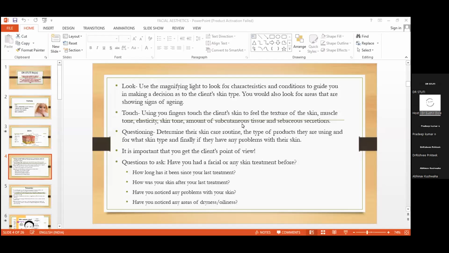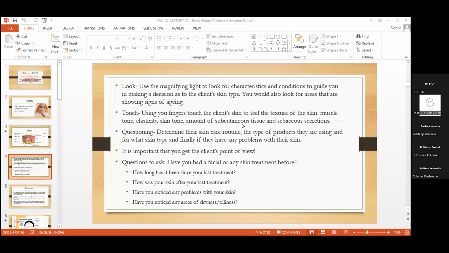So for the look part, as I said in the earlier slide, the skin assessment would be done in three things: look, touch, and questioning. Look can be by a magnifying light or magnifying glass, and nowadays we have a machine called a dermoscope also.